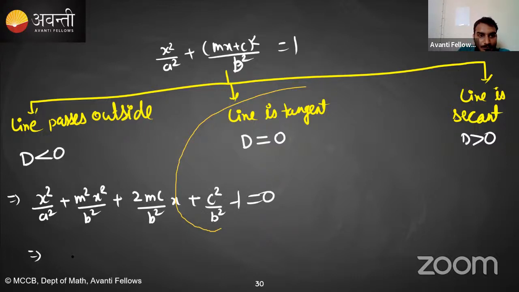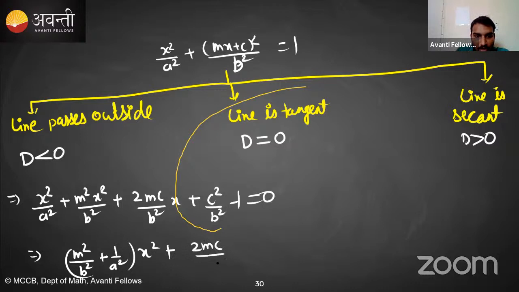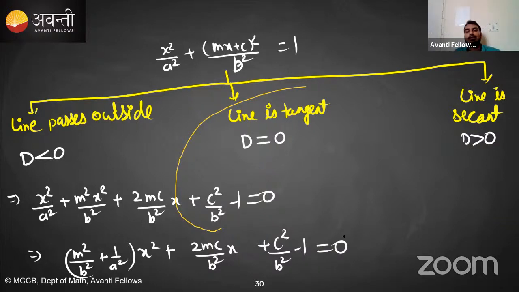So this becomes (m square upon b square plus 1 upon a square) into x square plus 2mc upon b square into x plus c square upon b square minus 1 is equal to 0. Is this clear? So this is a quadratic in x.